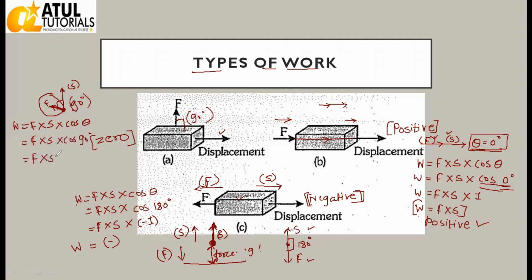The value of cos 90 is 0, and by multiplying this we get work equal to 0. Therefore, this particular work is termed as zero work. So these are the three types of work. First one is positive, second one is negative, and third one is zero work.